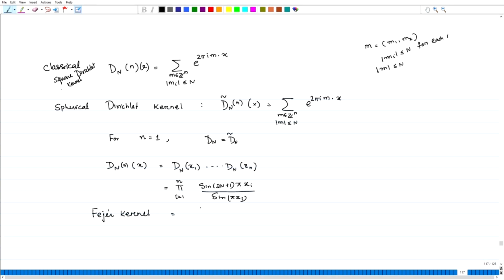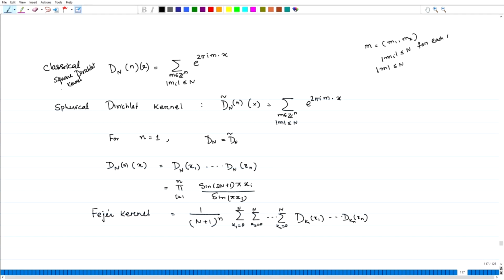So, now what one can get is 1 by (n+1) to the power n, then the sum over k_1 equal to 0 to n, k_2 equal to 0 to n, up to k_n equal to 0 to n, and then, because if you take the sum and then take the product, there will be many cross terms, this is D_{k_1} of x_1 up to D_{k_n} of x_n.